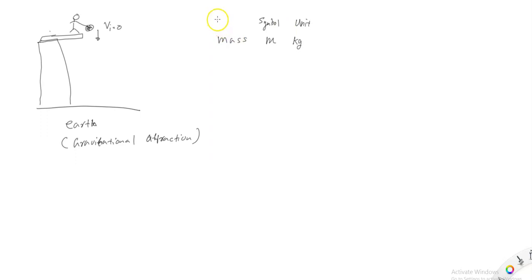So the term is mass. The symbol we use is little m. The measuring unit is kilograms. In addition to that, we have grams, milligrams, micrograms.